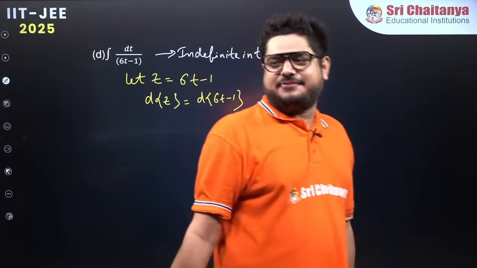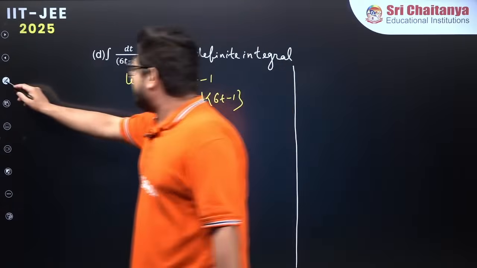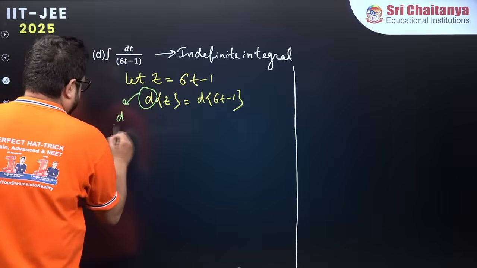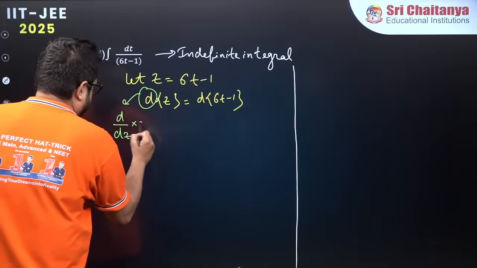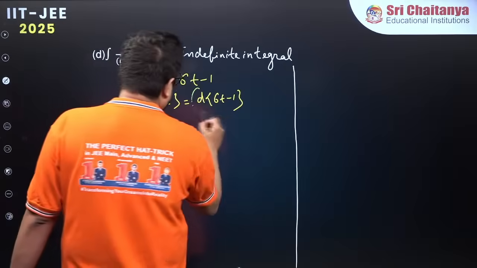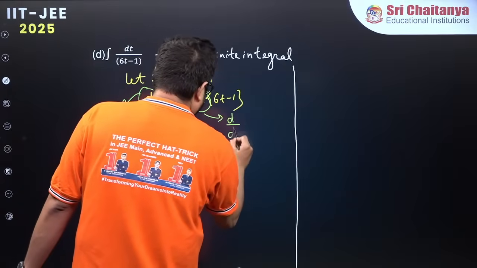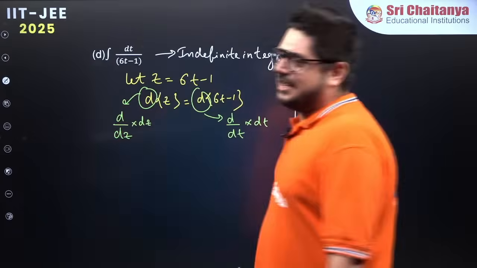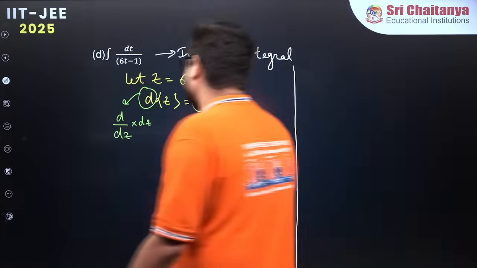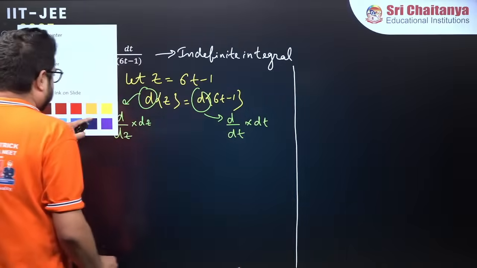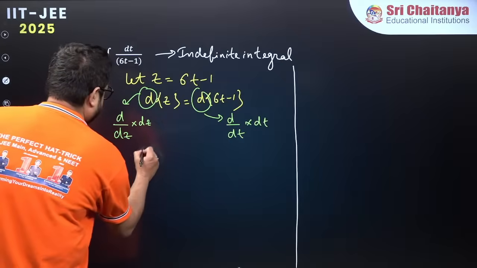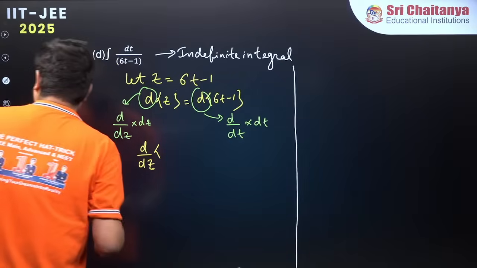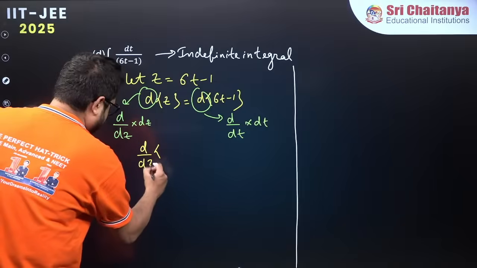See, pay attention everyone. The d to the left means d by dz into dz, and the d to the right means d by dt into dt. So we can write down this d of z as d by dz of z, isn't it?